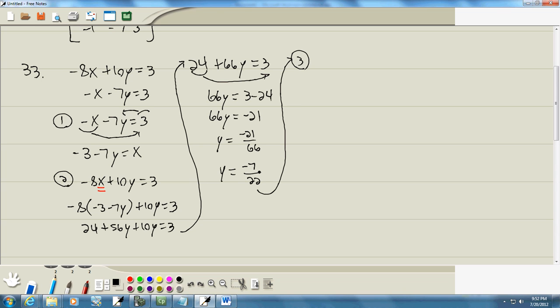Step 3. Now plug this into the equation from step 1. Because this one's already solved for x, so it's a perfect place to plug it into. So we got x is equal to negative 3 minus 7y. And we just said that y was negative 7 over 22. Now negative times a negative is positive, and 7 times 7 is 49.